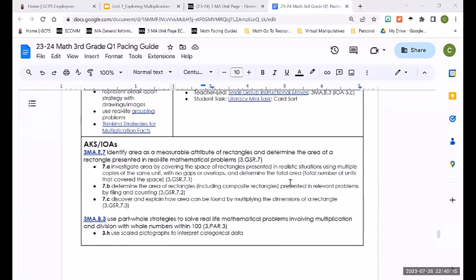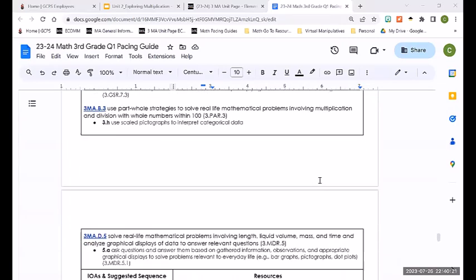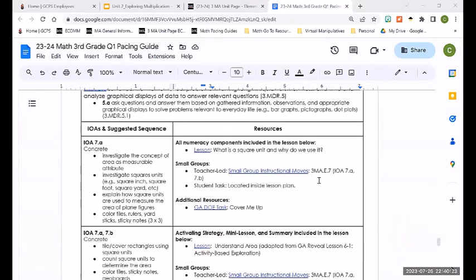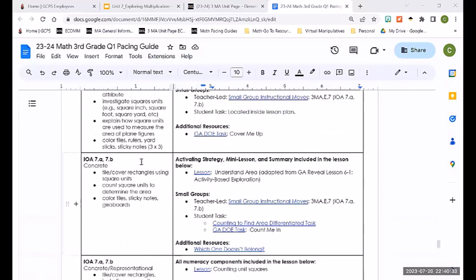The last part of Unit 2 is anchored in area and pictographs. The concept of area kicks off with a concrete investigation into what is a square unit as well as tiling rectangles.